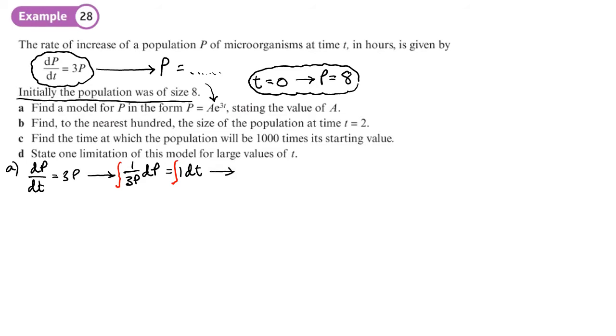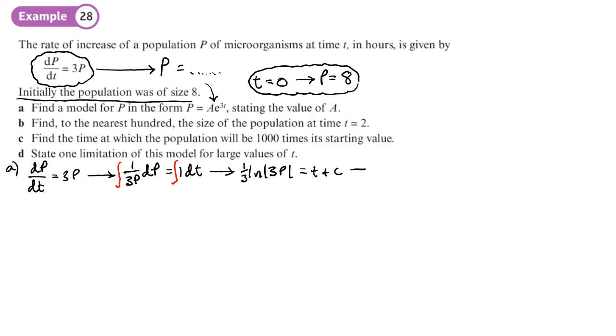On the left hand side I will try log of the bottom, so log of 3p, and that will give me 3 over 3p if I differentiate it, so I need a third here, equals, and then if I differentiate the other side, that will just become t plus c.